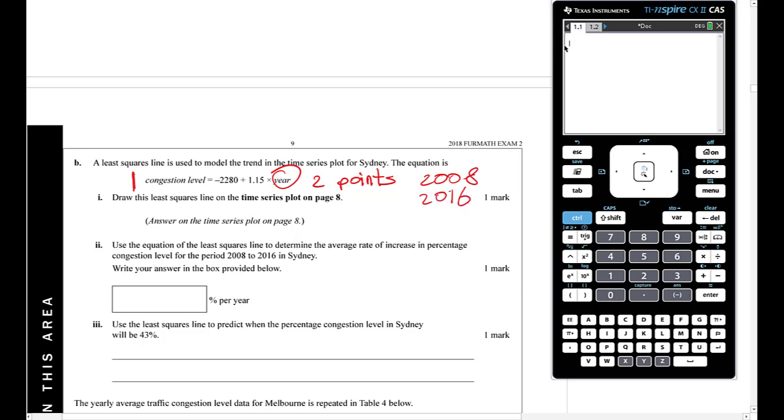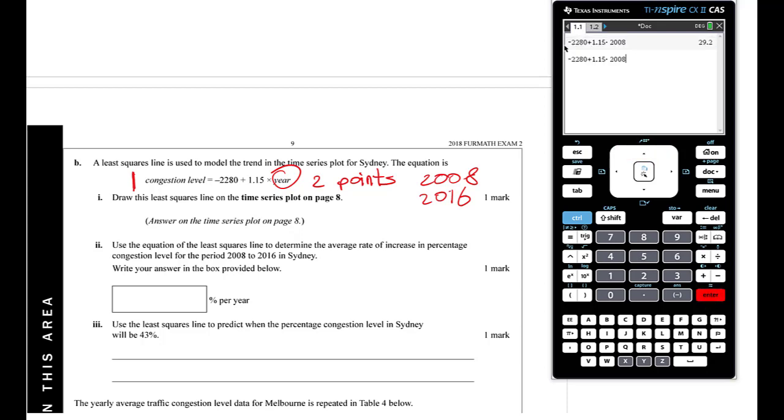So let's quickly put that in the calculator. Oops, wrong thing. Yeah, there we go. Put that in: 28.0 plus 1.15 times, and this is where we're going to go 2008 as our first one. Okay, we get 29.2.